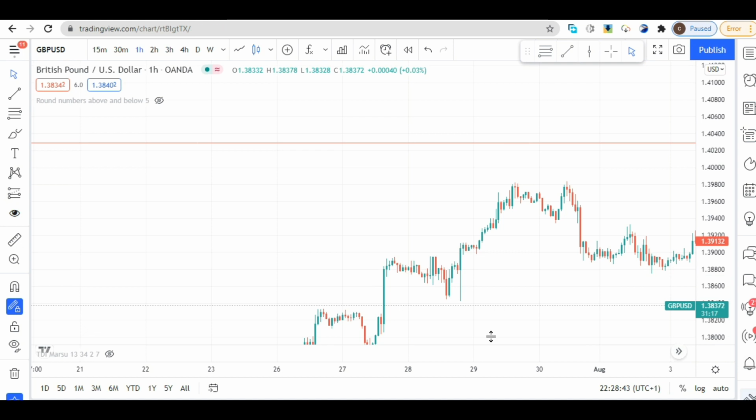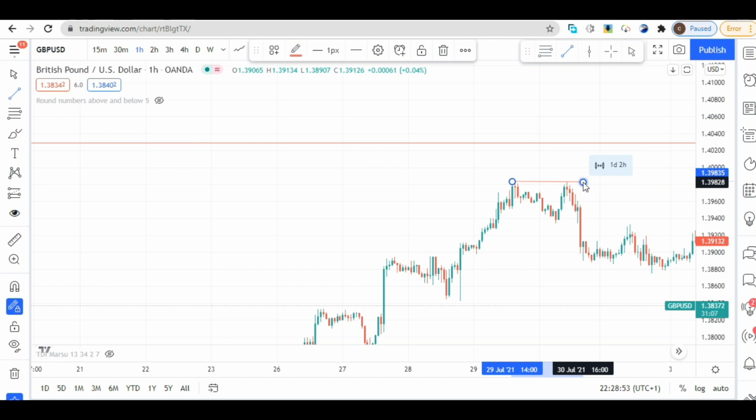If you look at the market structure here, we can see some clean highs forming around this point, giving us some signs of reversal like we talked about.